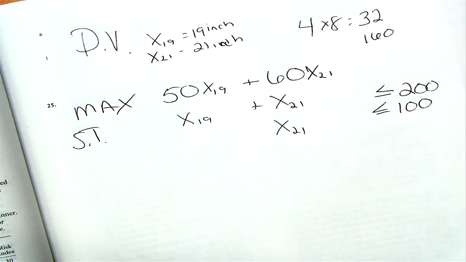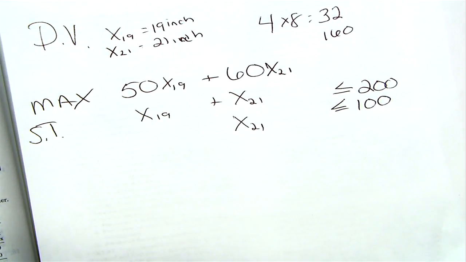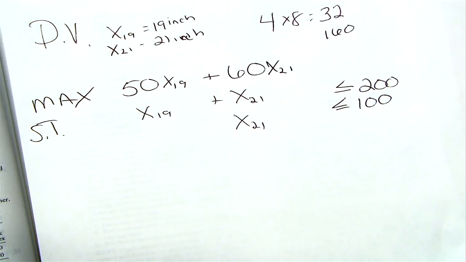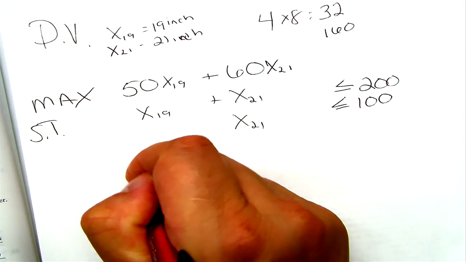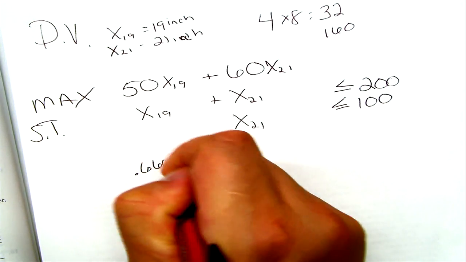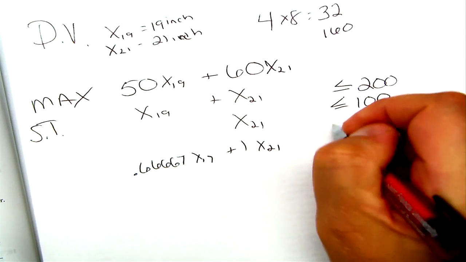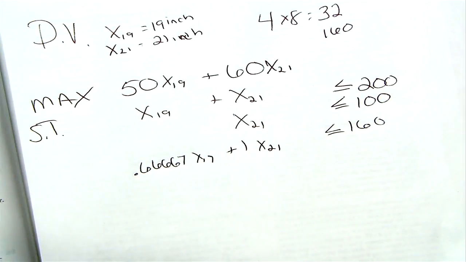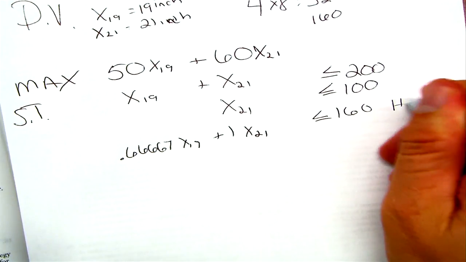Okay, and Sarah's right. We either have to put it into minutes or leave it in hours and put everything in hours. You could write this as 0.66667 X19 plus X21 is less than or equal to 160, and that's all in hours at this point, right?